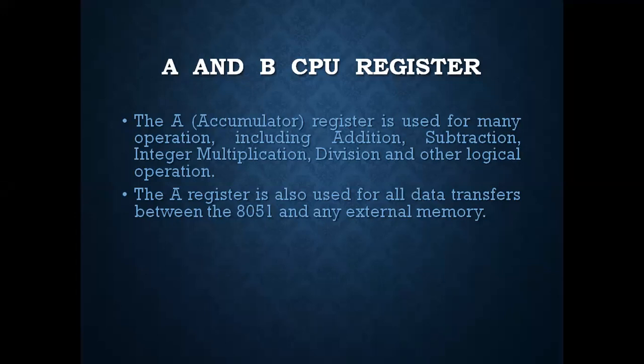We will connect pin number 31, EA bar VPP, with the ground, because EA bar is an active low pin. That means if external access EA bar is grounded, then this will denote that the external program memory is connected with the 8051 microcontroller.